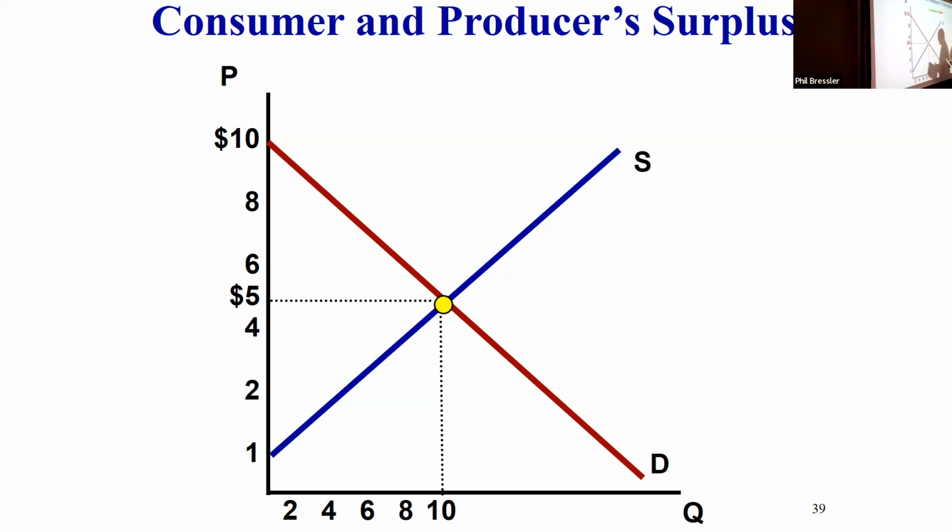So resources, alternative product, technology, number of sellers, expectations, subsidies, and taxes.